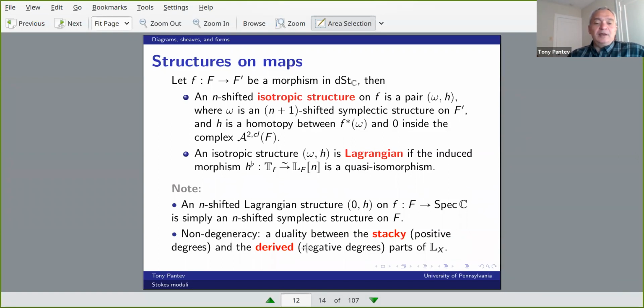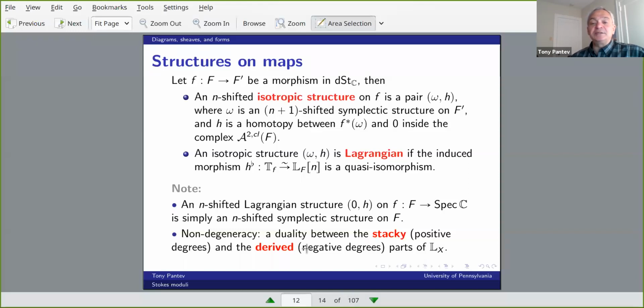And just a remark, if you haven't seen this before, something to keep in mind is that when you have these derived stacks, they have stackiness and they have this extra homological nilpotence in their function theory. The function theory is a DG algebra. The cotangent complex recognizes these additional structures by pieces in different degrees.